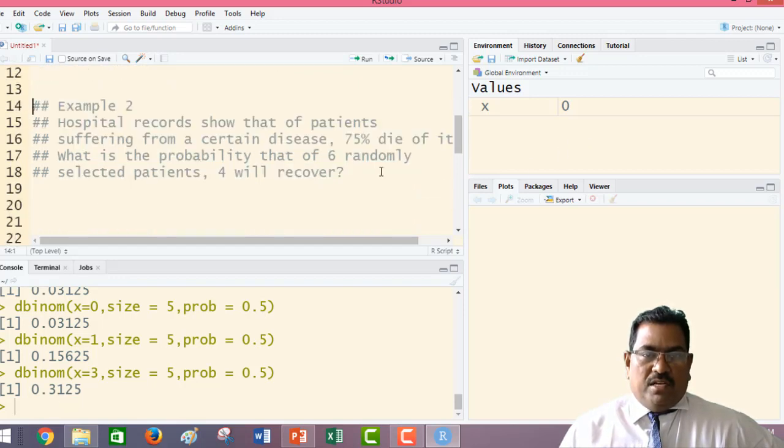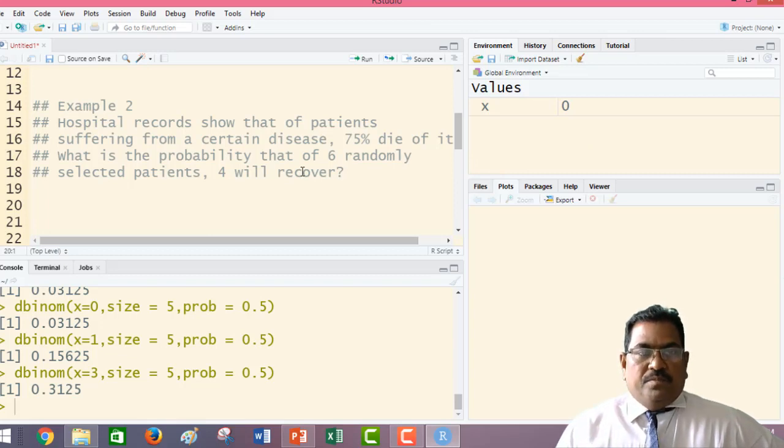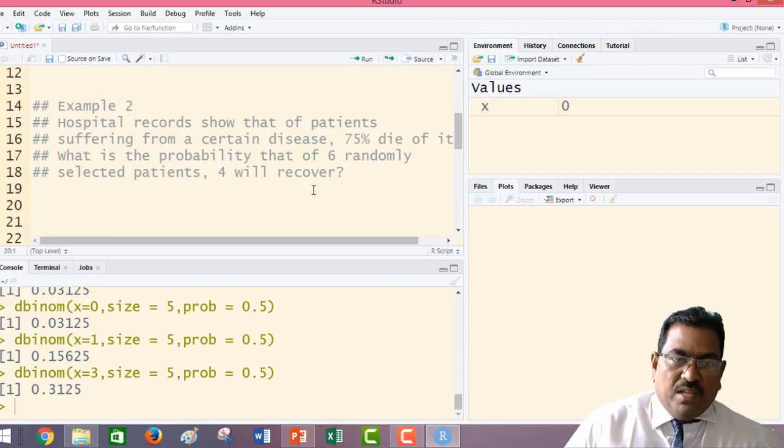Now I move to the second example. Hospital records show that patients suffering from a certain disease, 75% die of it. What is the probability that of 6 randomly selected patients, 4 will recover?